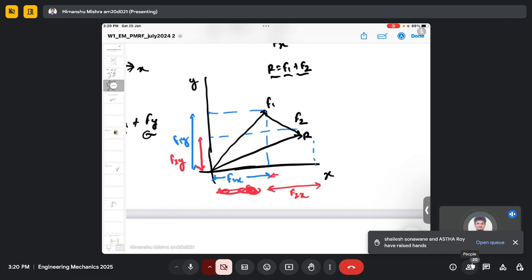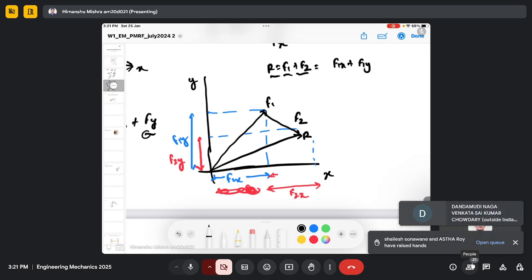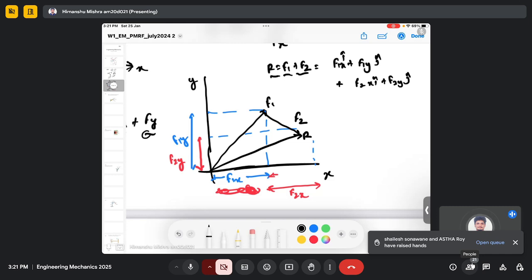So basically here what you can do, you can expand this as F1x i cap plus F1y j cap plus F2x i cap plus F2y j cap. Then this will be Rx i cap and Ry j cap. So if you sum the i cap and j cap terms together, you will have Rx and Ry.